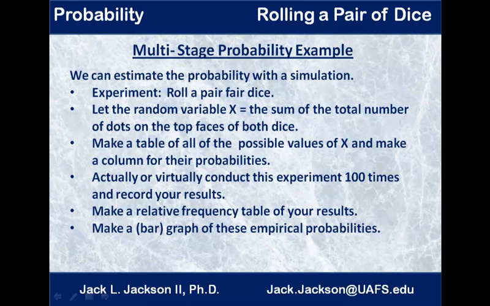So what I'd like you to do now is get a pair of dice and roll them 100 times, and each time record what x is, the sum of the total number of dots on the top faces of both dice put together. Roll these pairs 100 times and record your results. Make yourself a frequency table, a relative frequency table, and then a bar graph of these empirical probabilities, that is, these relative frequencies.